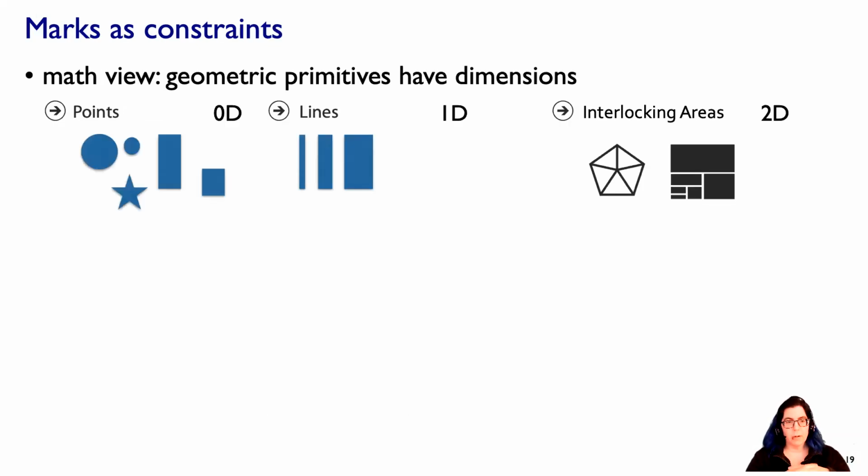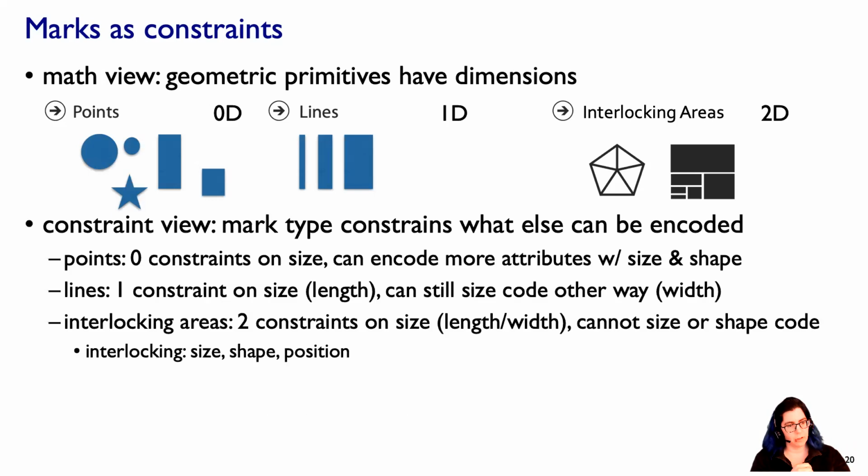Now, another way to think about marks is, there's a sort of mathematical view, which is that it's a geometric primitive that's either 0 or 1 or 2-dimensional. But there's a helpful way to think about it when we're analyzing visual encodings, which is how many constraints are there on that mark? So in this constraint point of view, the type of the mark really constrains what else you could encode.